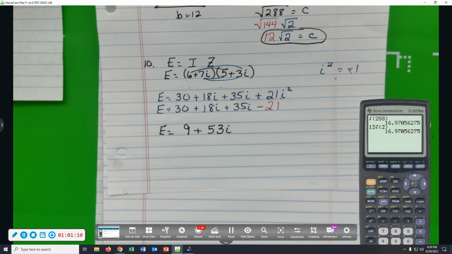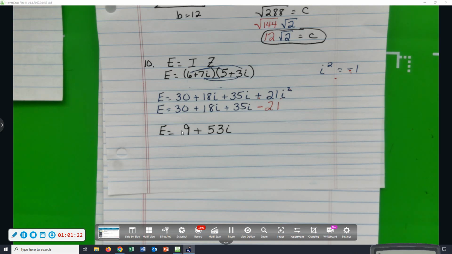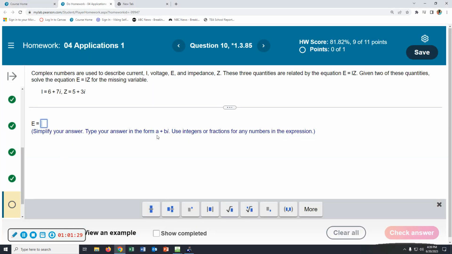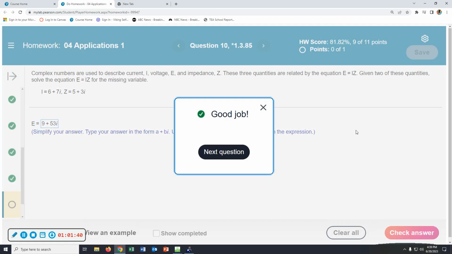Any future electrical engineers, you'll do a lot of work with complex numbers. Okay? So, I don't need this here. 9 plus 53i. Type it in the form a plus bi. 9 plus 53i. Check the answer.